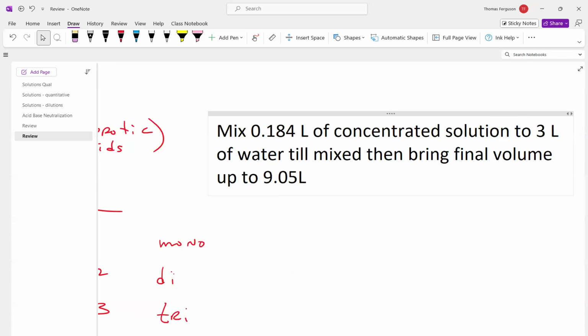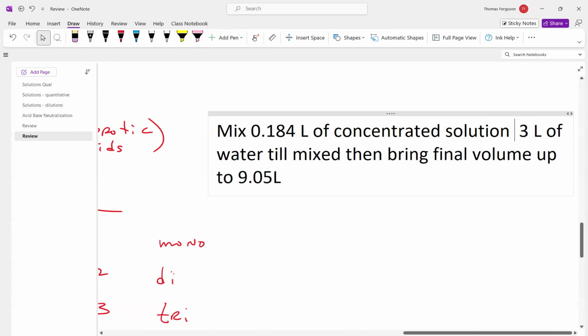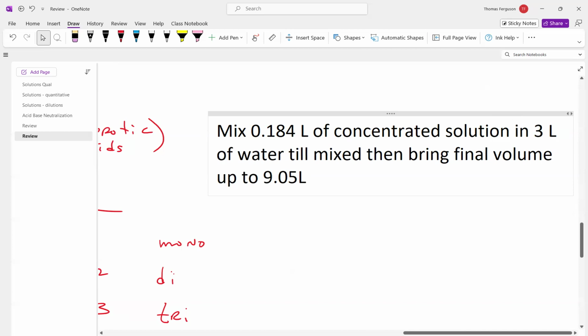We're going to mix 0.184 liters of concentrated solution in 3 liters of water, but it doesn't have to be 3. It can be 4, 5, 1, as long as it's not 9. It has to be below that. So the 3 liters can be any amount. Make sure it's thoroughly mixed, and we bring the final volume up to 9.05 liters. That would be the answer.